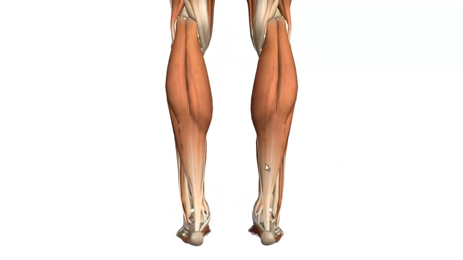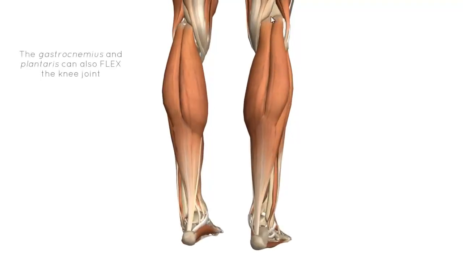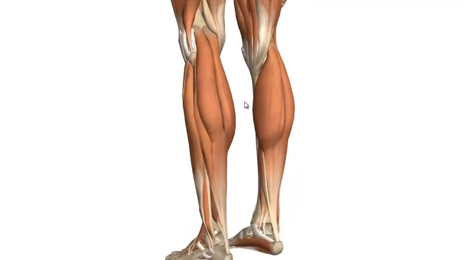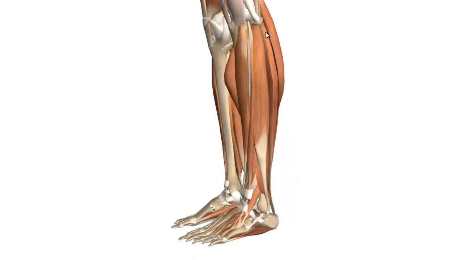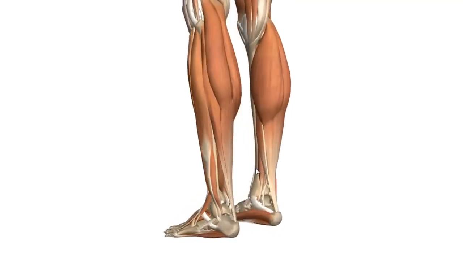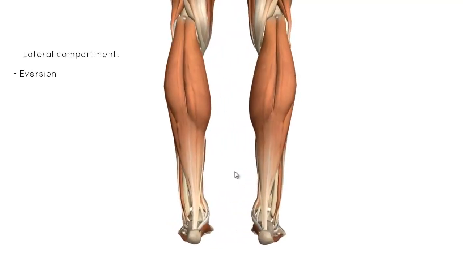As well as plantar flexion, flexion of the digits, and inversion, there are two muscles in the posterior compartment which can also flex at the knee because of their attachment on the femur, and these are the gastrocnemius and the plantaris muscle, which I'll come on to talk about. The lateral compartment muscles lie laterally, and these evert the foot. This tutorial will be concerned with the muscles of the posterior compartment of the leg.